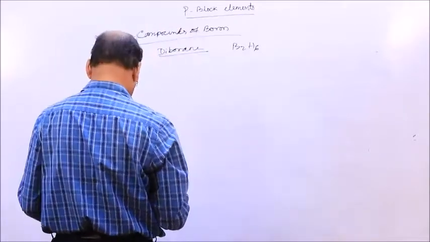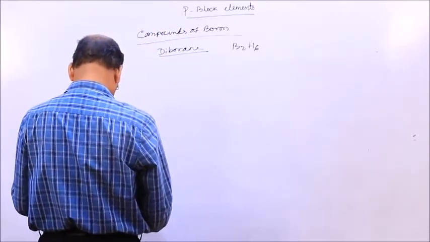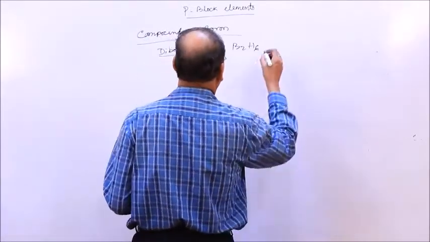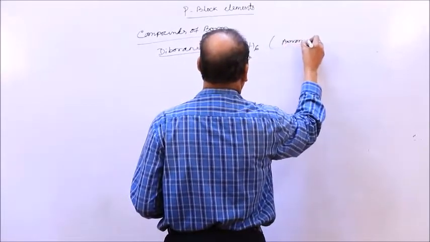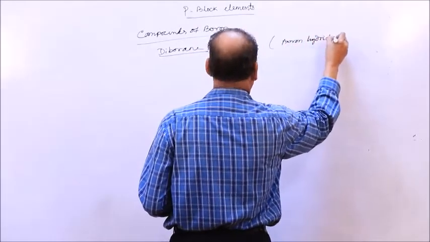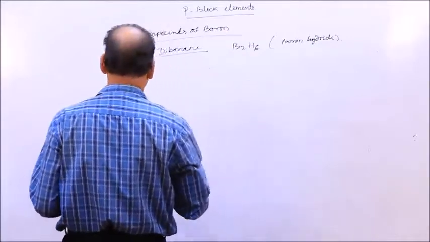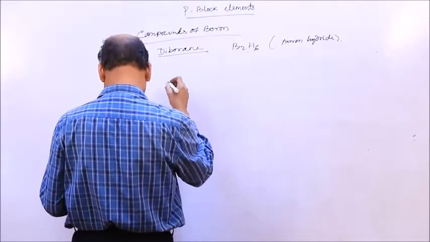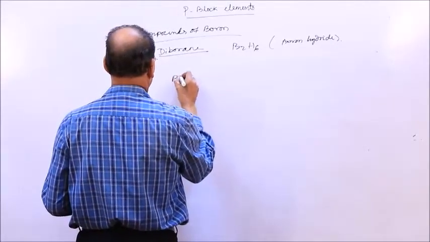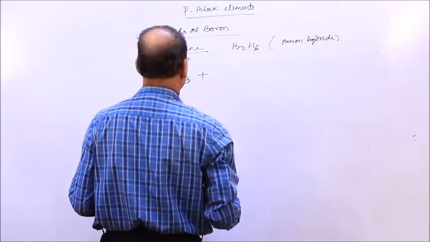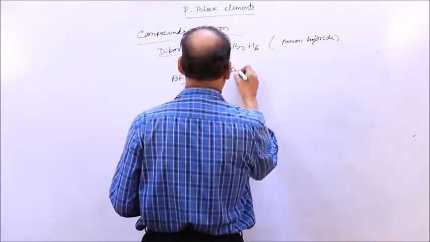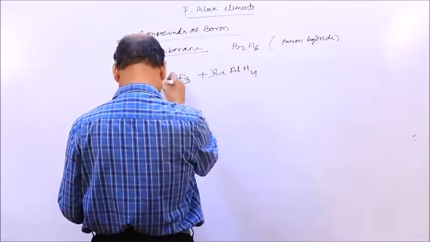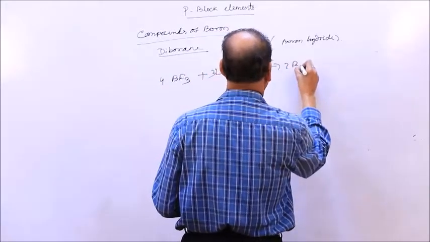It is a boron hydride. It is prepared when BF3, a boron trihalide, is treated with lithium aluminum hydride; it forms diborane.